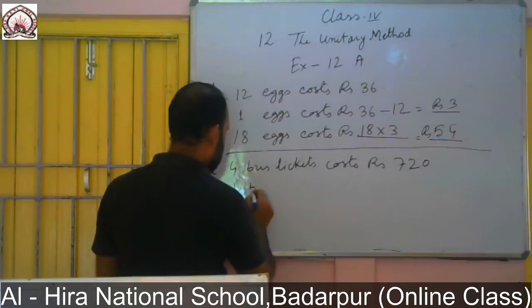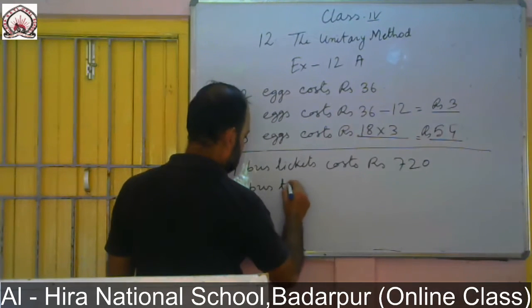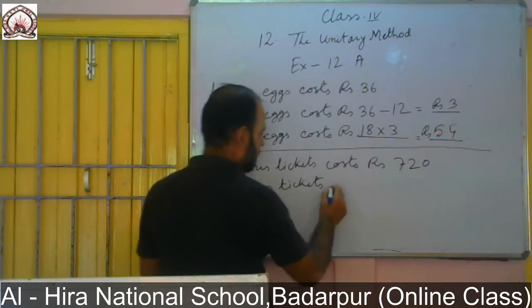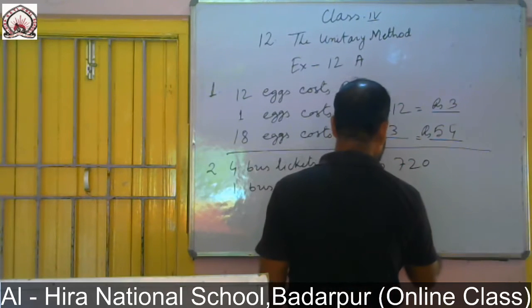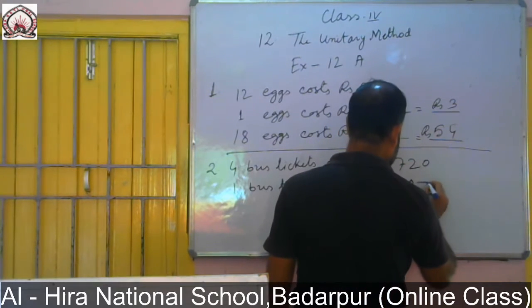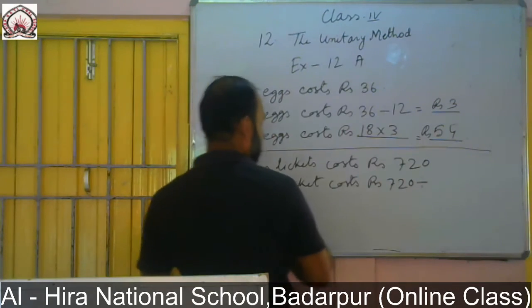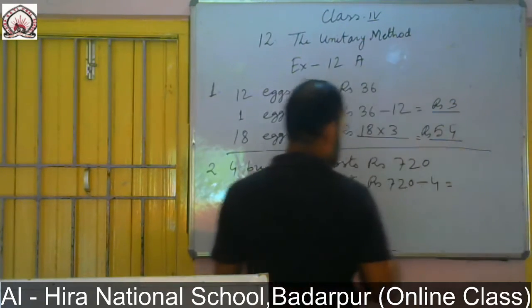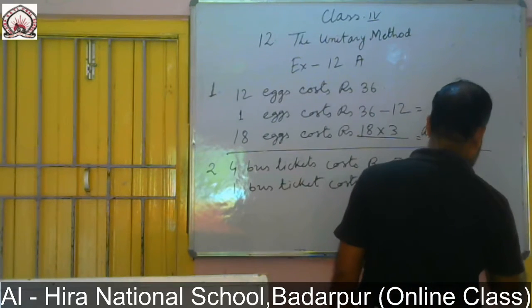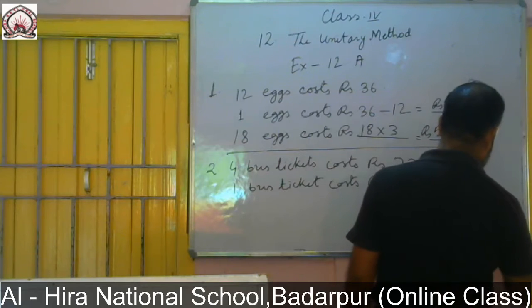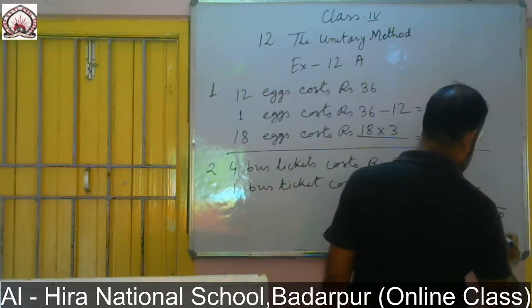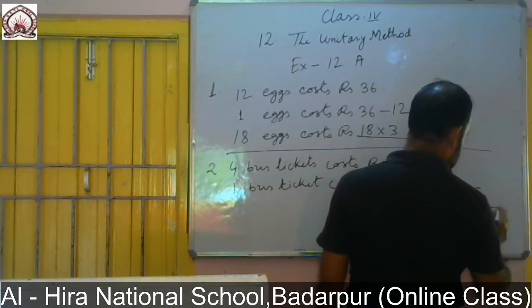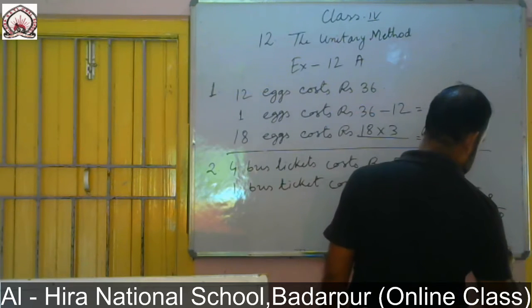So one bus ticket cost rupees, we know 720 divided by 4. 4 1 is 4, remain 3, take down 2, 7. 4 8 jar 32, remain 0. 4 0 jar 0.